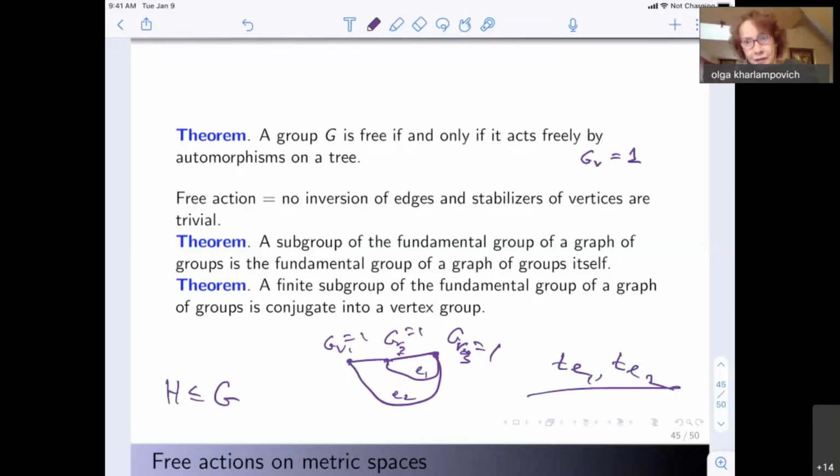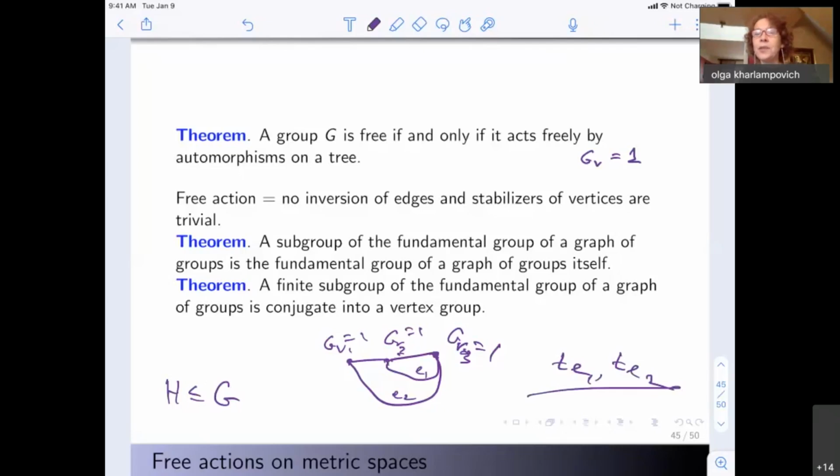Therefore, by the converse of the theorem of Bass, H is a fundamental group of a graph of groups itself. Moreover, we can say that vertex groups of H are conjugates of subgroups of vertex groups of G, and edge groups of H are conjugates of subgroups of edge groups of G.